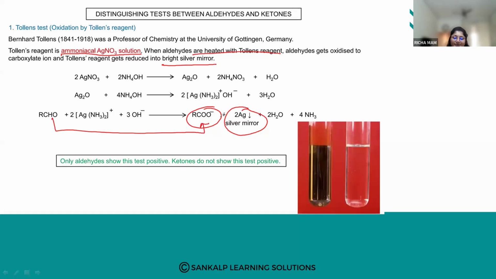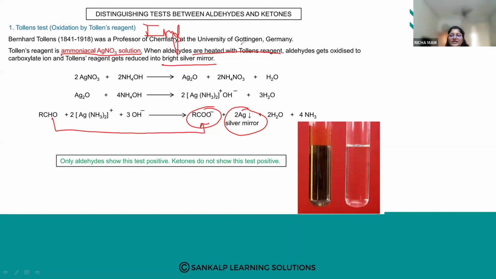Is it clear? Okay. So Tollens reagent, very, very important, as I have said, is also called the silver mirror test. The solution is ammoniacal silver nitrate solution.